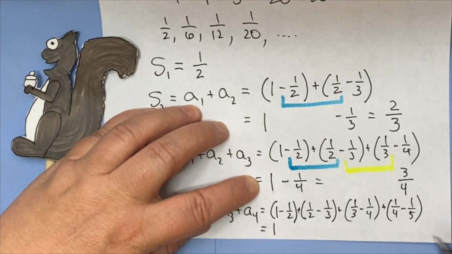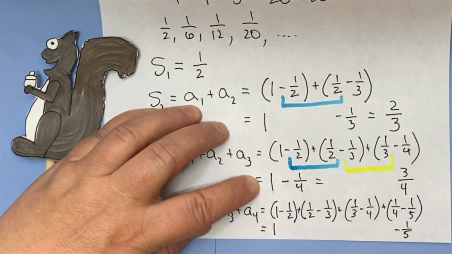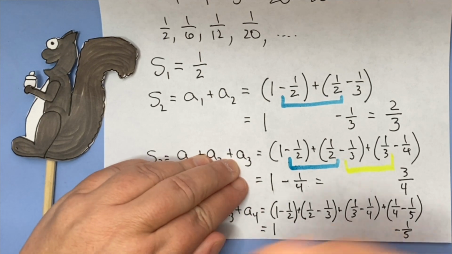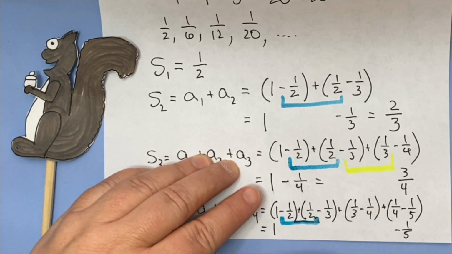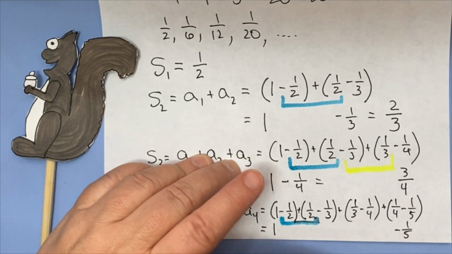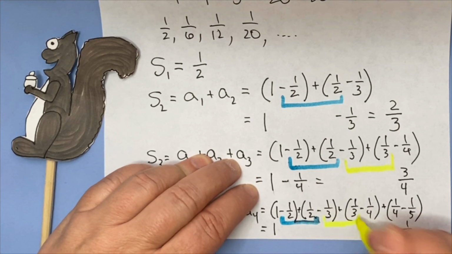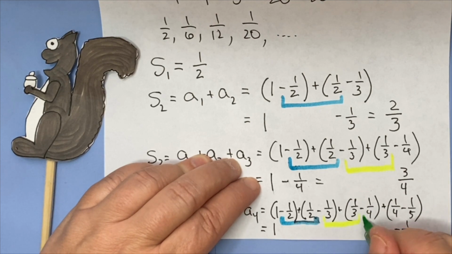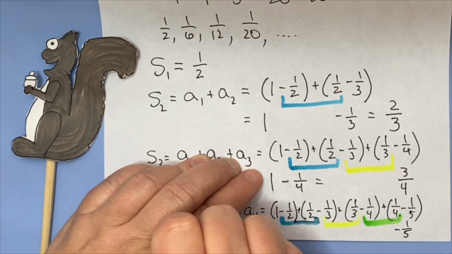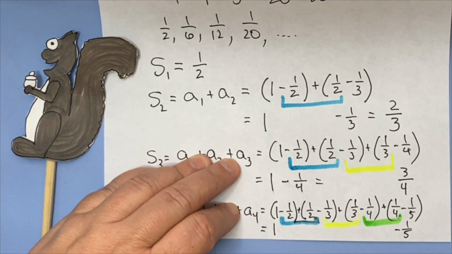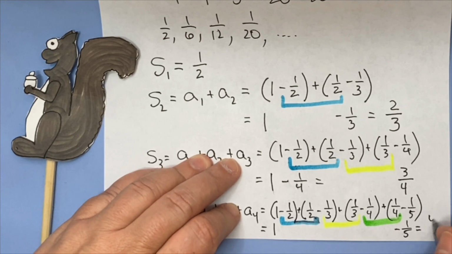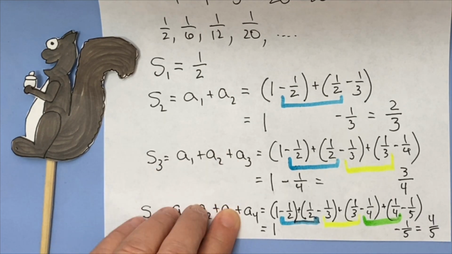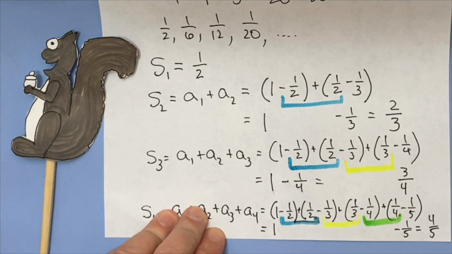Altogether, I've got 1 minus 1/5, because why? Because the halves cancel out. Minus 1/3 plus 1/3 cancels out. Minus 1/4 plus 1/4 cancels out. So all I have is 1 minus 1/5, which equals 4/5. And there you go. Bam.